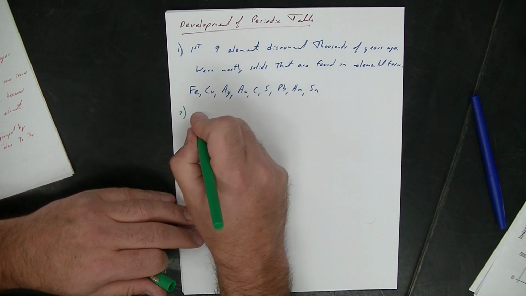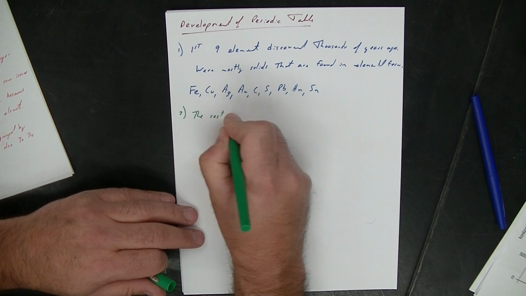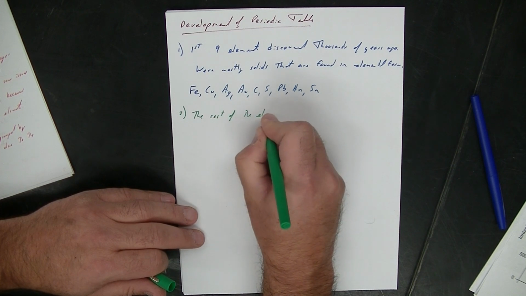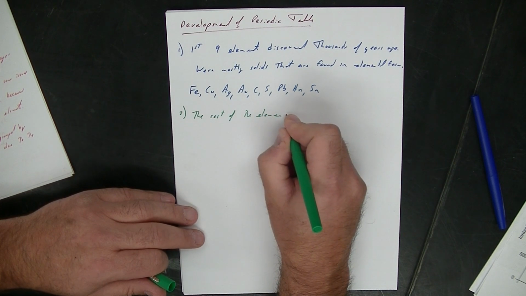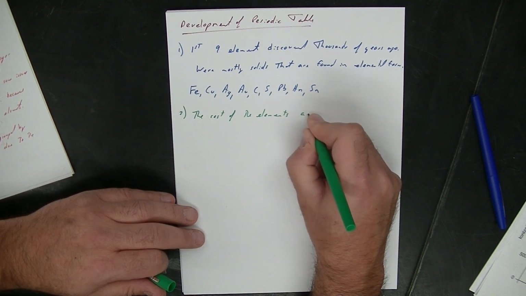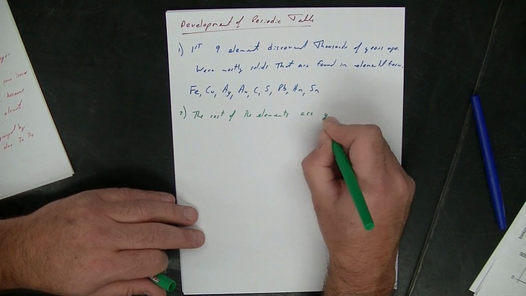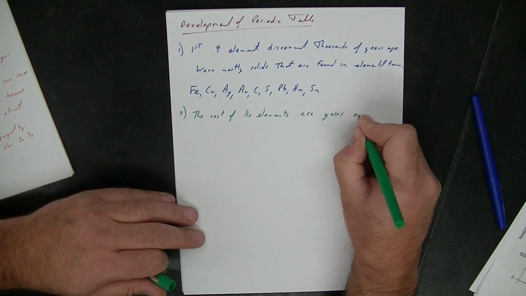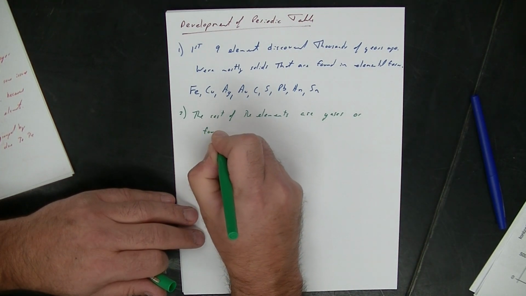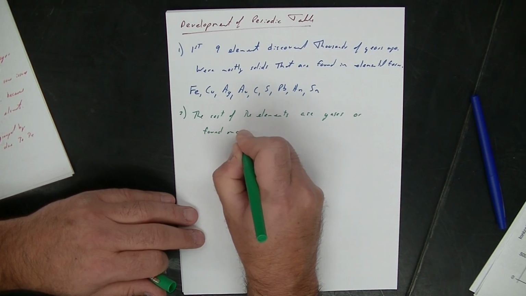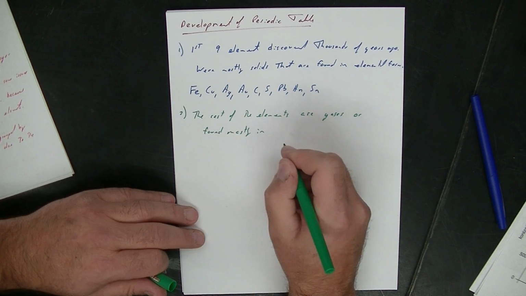So these are the first ones that we really identified. So the rest of the elements are gases, or found mostly in compounds.